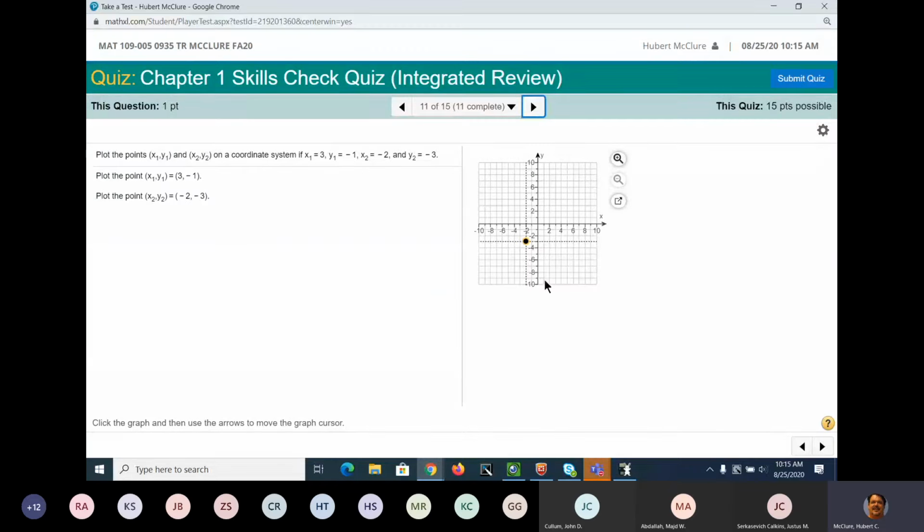Okay, so -2, -3 or 3 and -1. So I went the wrong way. 3 and -1. And then the other one is -2, -3. That should be it.